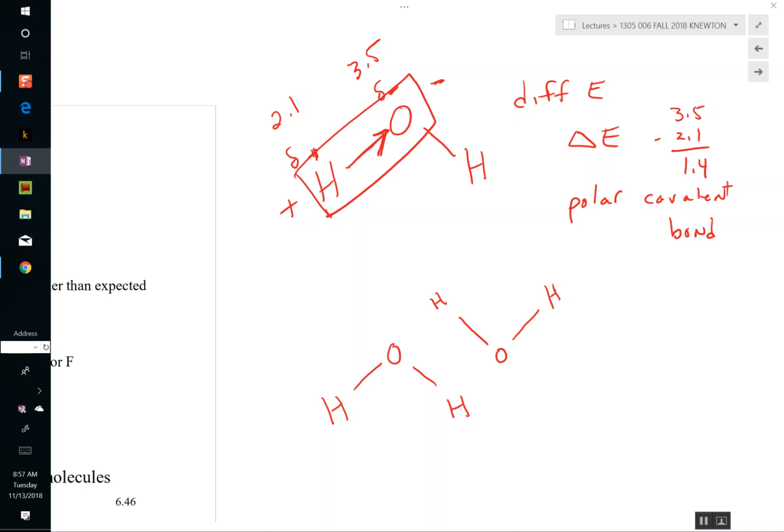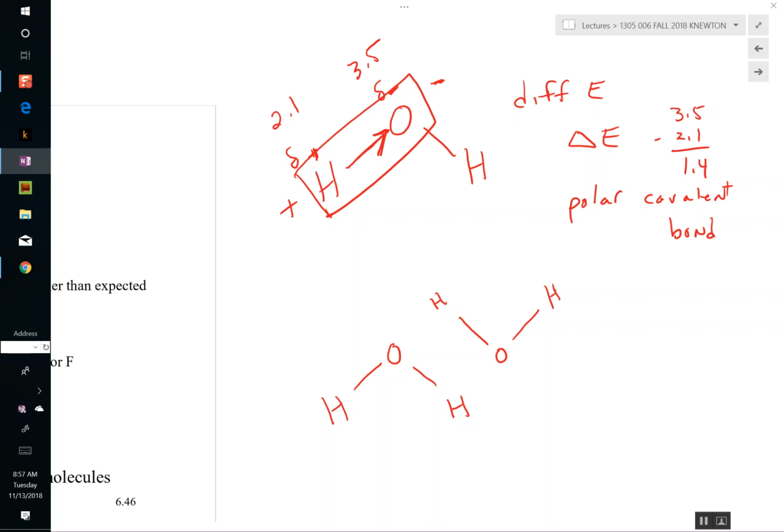All right? So even methane, you've got carbons and hydrogens, but they don't have a very big difference. So they have a very small dipole moment to them. Very little separation of charge. That's why methane and gasoline are non-polar molecules.